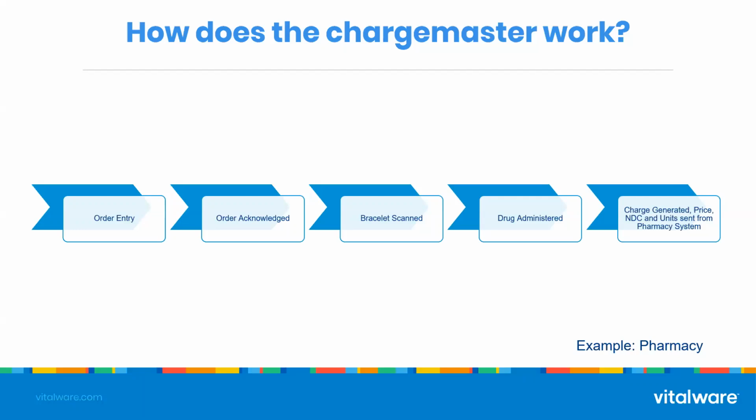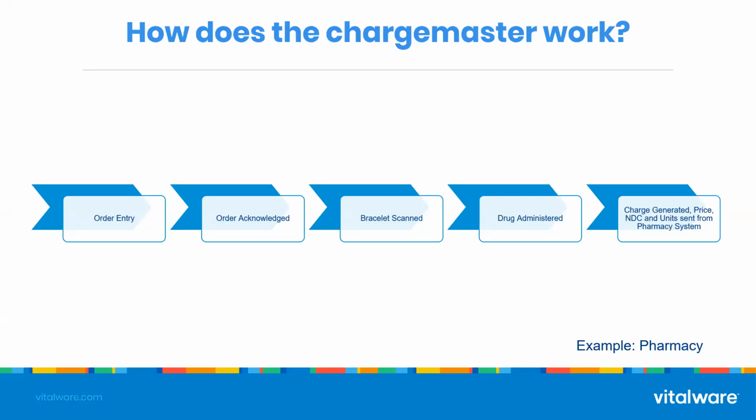In pharmacy, the drug in the pharmacy system is linked to a charge for the drug in the Chargemaster. Or even, if you're an Epic client, it'll be in your pharmacy Willow file. So you'll have shell records in your Chargemaster and detailed charges in your Willow file.